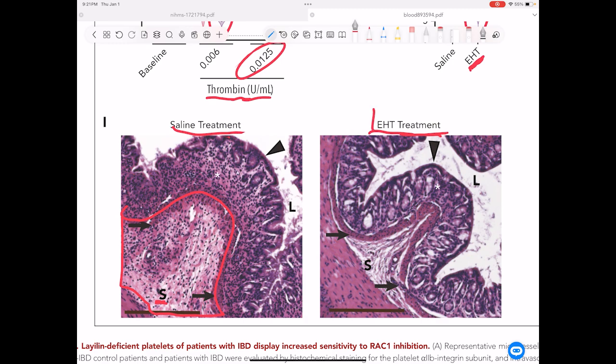However, when we look at EHT, we can appreciate how much healthier this looks. Here, we have a very good border. You can actually see some of the crypts really well, which are these little areas right here. It's still sick. The crypts are not perfect, but unlike over here, huge difference.